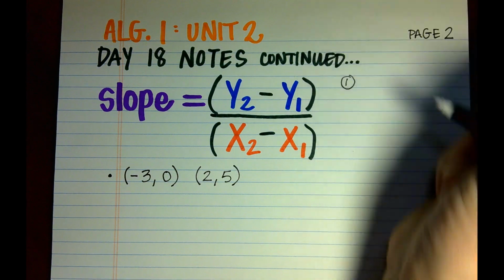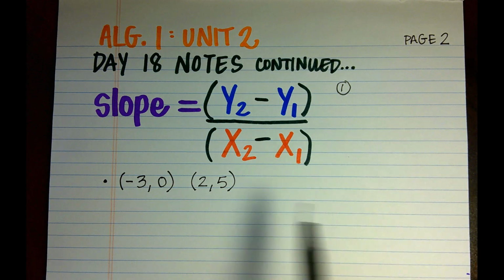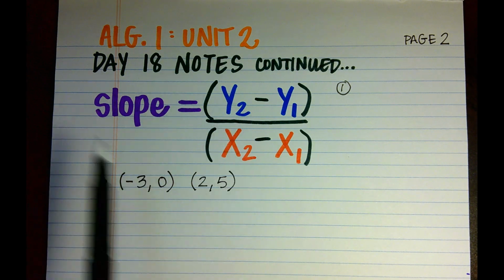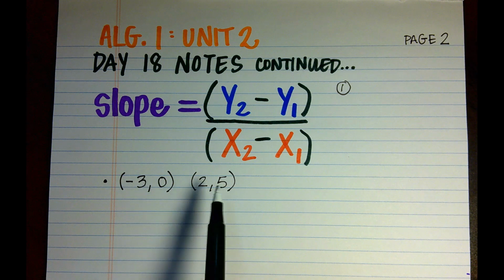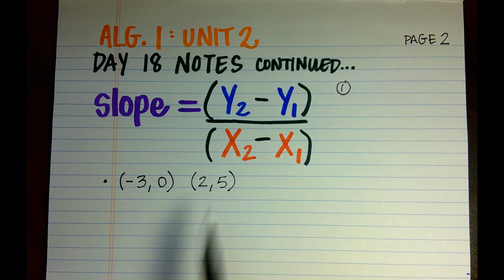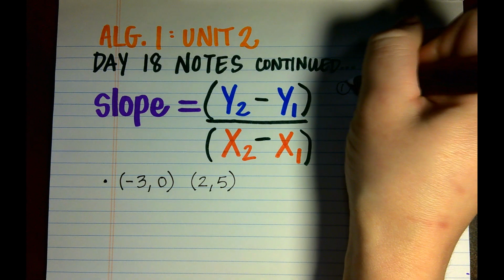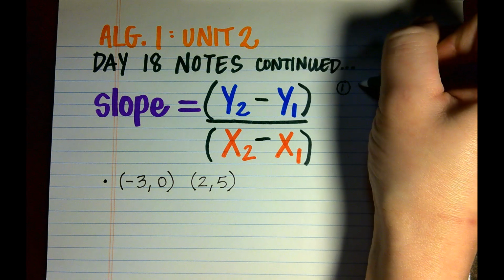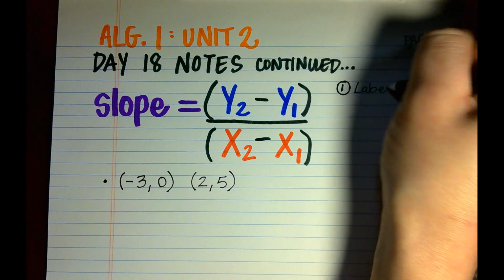Give you a few simple steps to follow. Using this formula, we're always going to be given 2 coordinates. And the first step I will always tell you to do is to label your x's and y's.